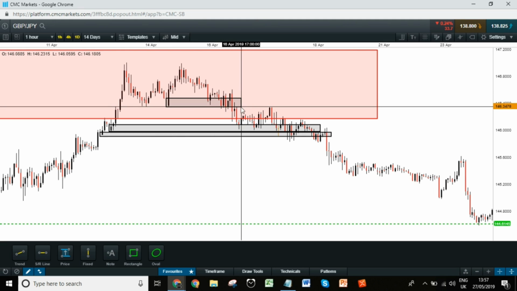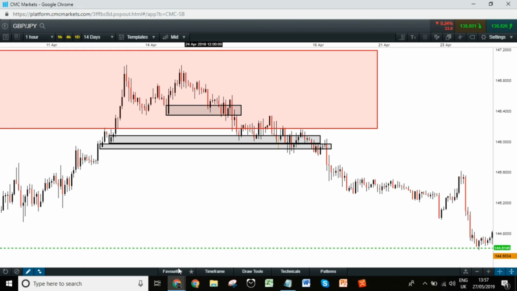Now listen very carefully to this because this is going to make things a lot clearer for you. Once the market has entered the zone, we are looking for a bullish engulfing to be broken. Sorry, let me just say that again.